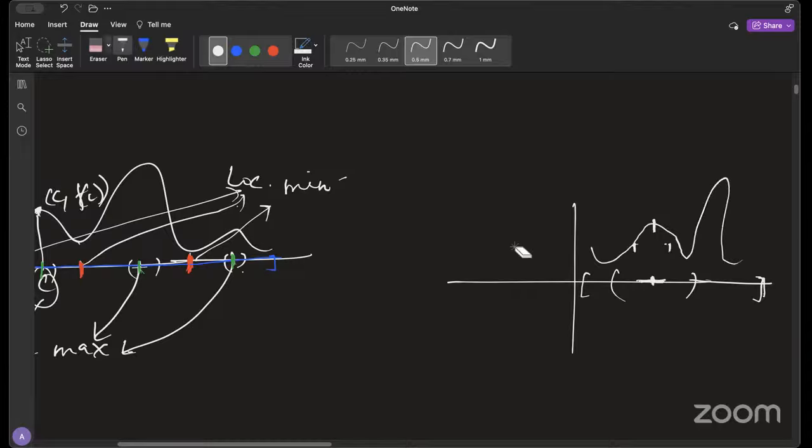Then you can take this interval. This interval works fine. This interval works fine too. But if you take this one, this does not work. Then this won't be the local maxima, right? Because maximum is attained here.